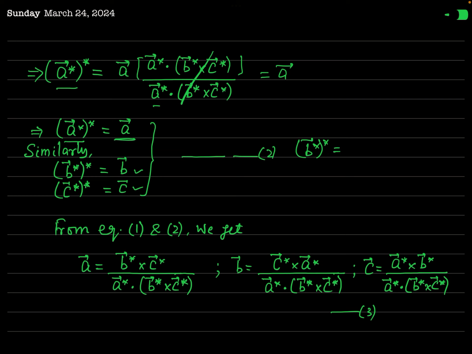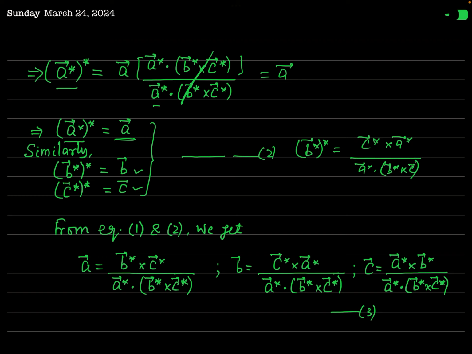This is defined as C star cross A star divided by A star dot B star cross C star.